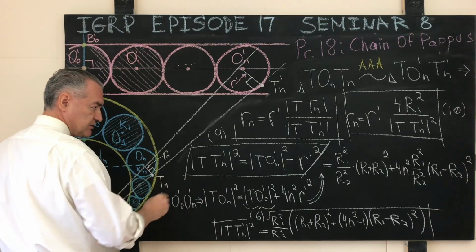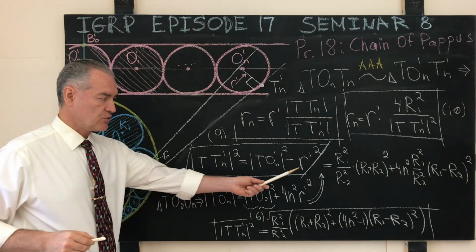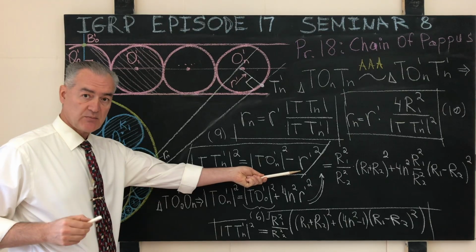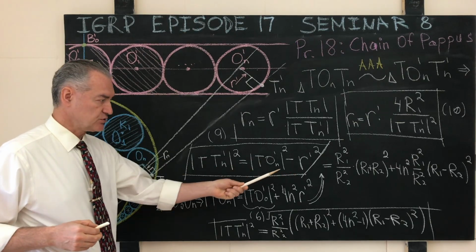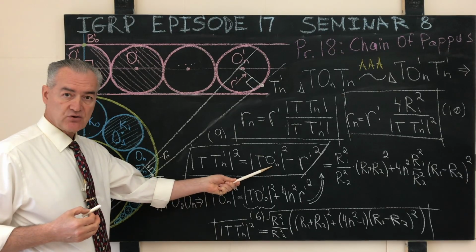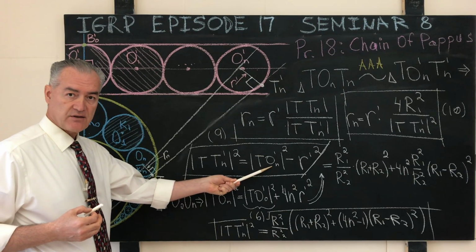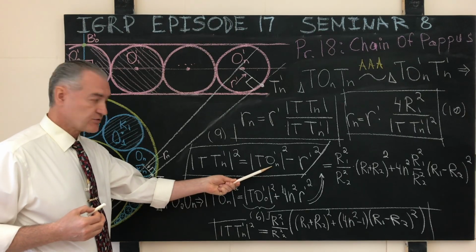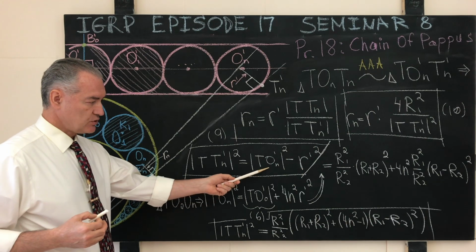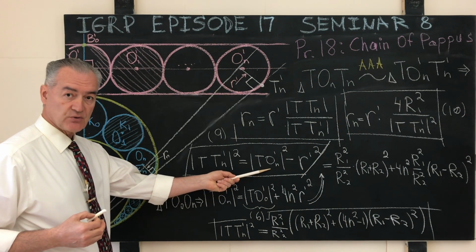This is this guy. So now, we already know the expression for the radius R prime in terms of the local material. So now our ability to compute the requested magnitude, the radius of the nth inscribed circle shown in blue in terms of the local material, depends on our ability to compute the square of this distance.